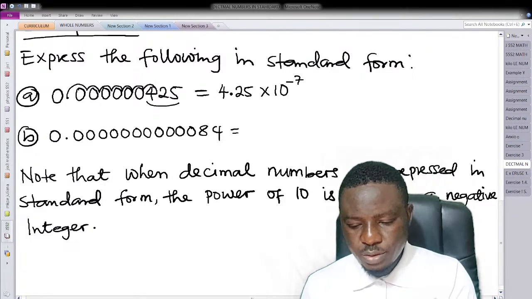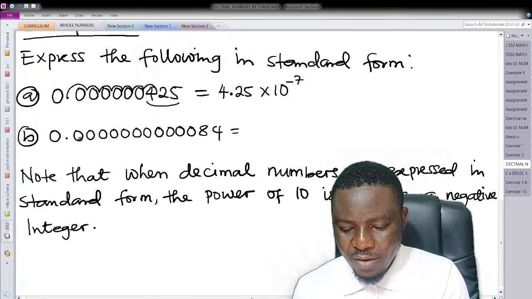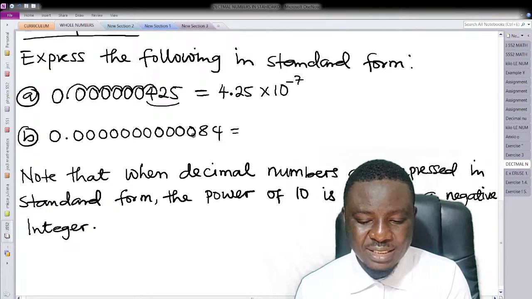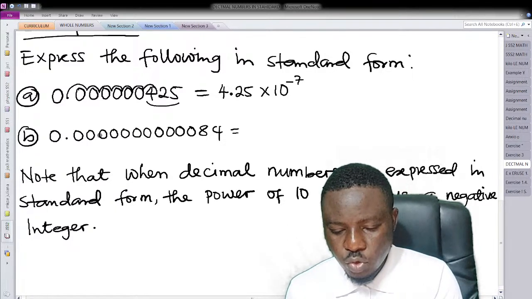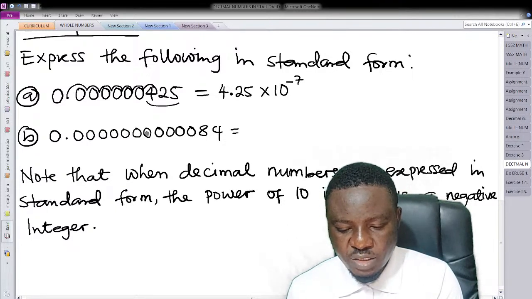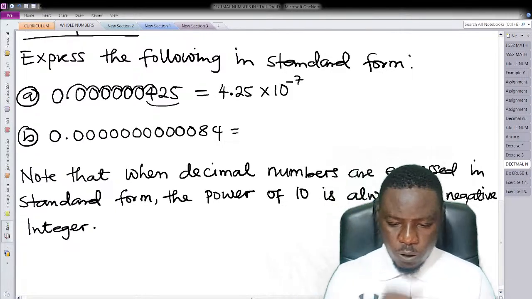B, this becomes, I'm going to shift this. I'm not going to be drawing these lines again. Rather, I'll be counting the digits, the figures that I have before the first non-zero. So this becomes 1, 2, 3, 4, 5, 6, 7, 8, 9, 10, 11, 12.